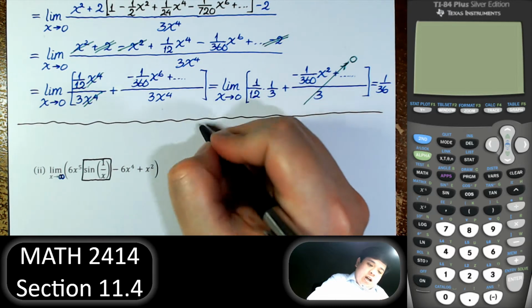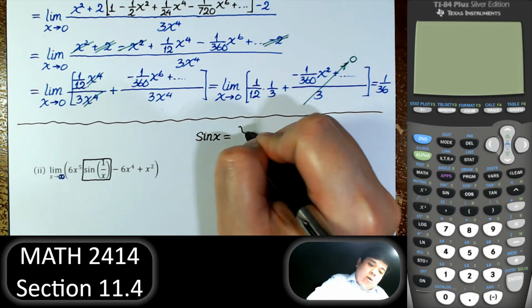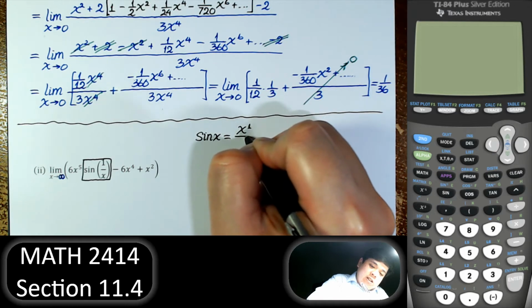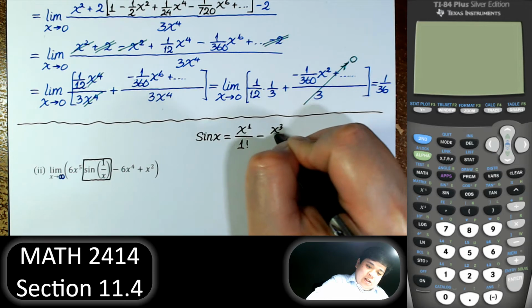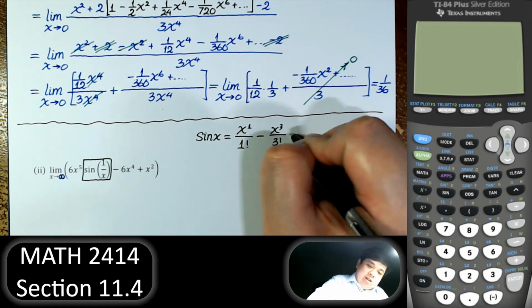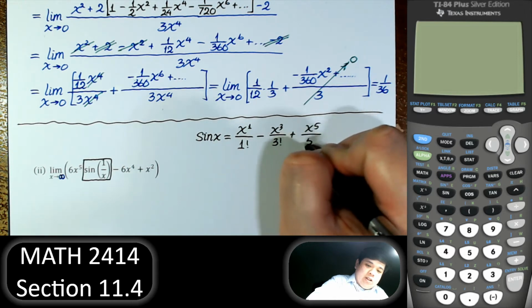First, sine is an odd function, so we have all the odd powers of x over the odd factorial. Right, that's how I remember it.